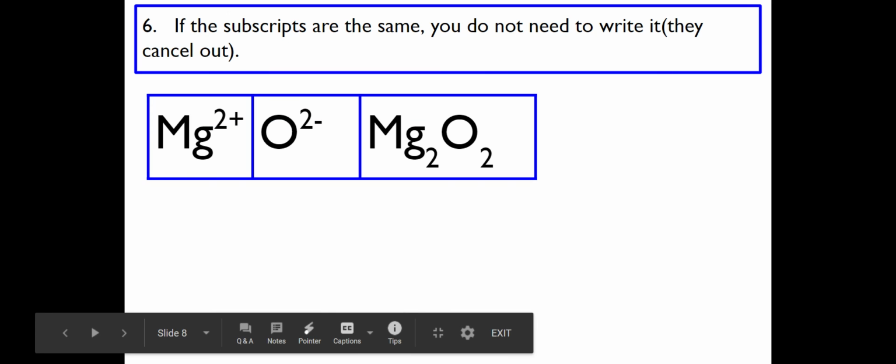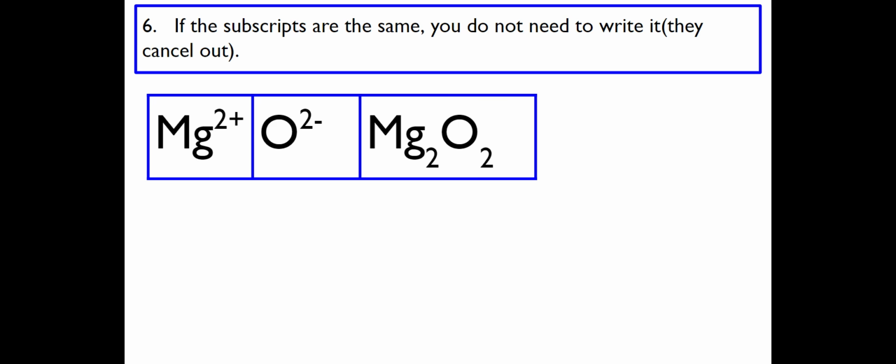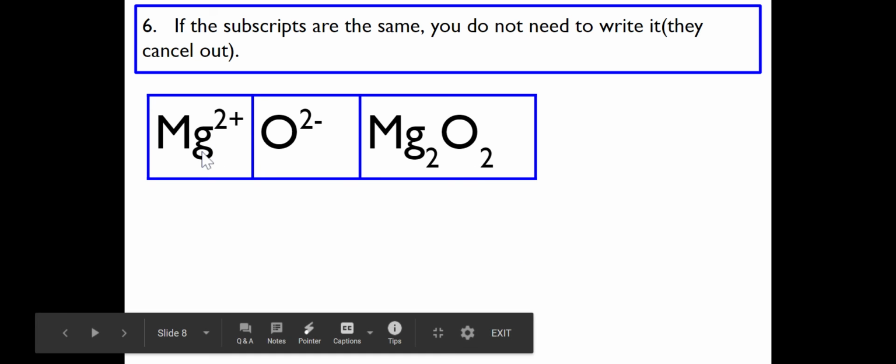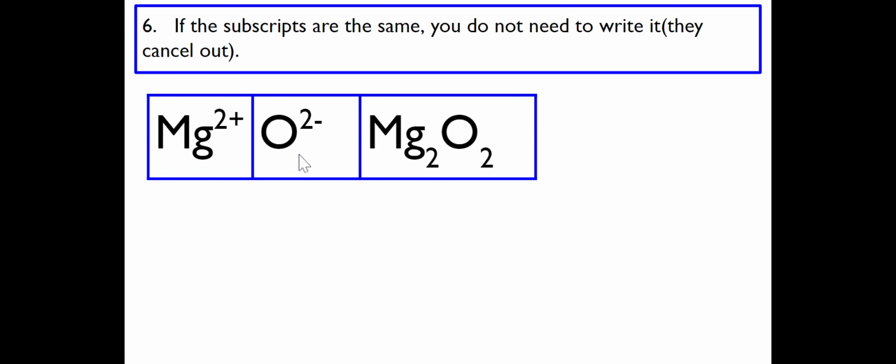Okay. So the next thing is if the subscripts are the same, for example, magnesium has a positive 2 charge, means it gave away 2 electrons. Oxygen is a negative 2 charge, means one oxygen needs to receive 2. And in that case, if we swap those two numbers, we put these two over here, these two over here, it becomes magnesium oxide.